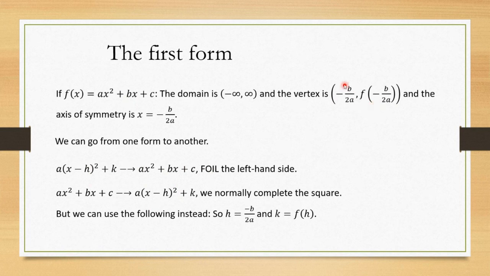You would have to calculate negative b over 2a, and then do f of that. It also tells you another way to get from this form to the standard form. This would be your (h, k), so your h would be minus b over 2a. To get k, you just do f of h.